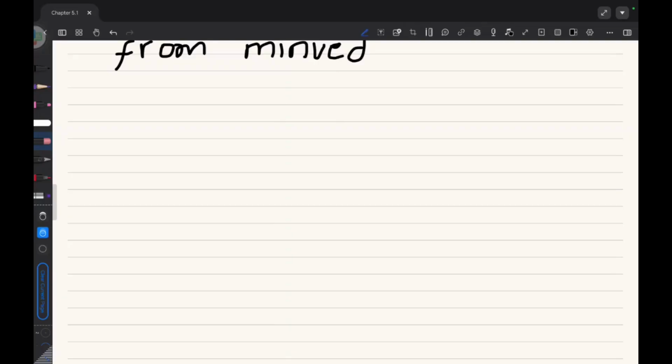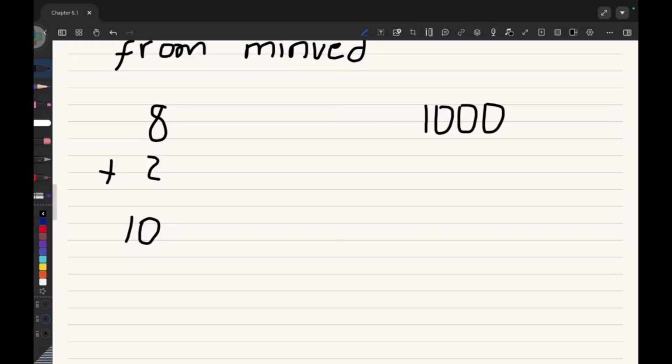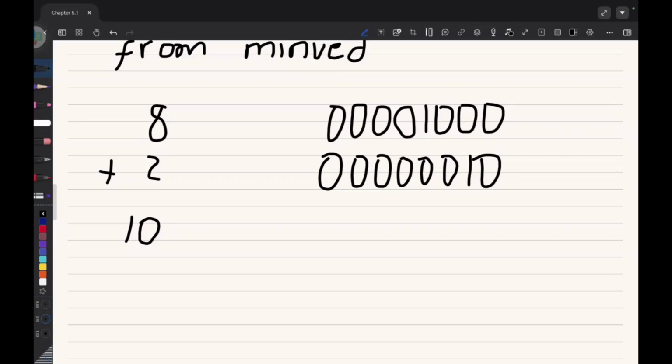Let's say, for example, we're adding numbers: 8 plus 2, using 8 bits. 8 plus 2 is equal to 10. In 8-bit notation, our 8 is 1 0 0 0, padded to 8 bits, and our 2 is just 1 0, padded to 8 bits.